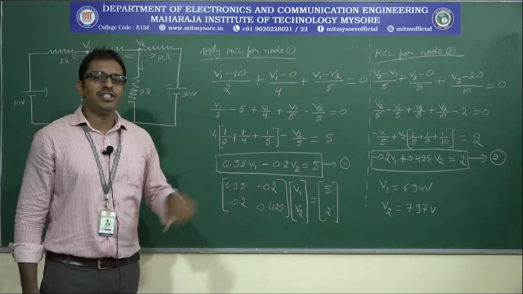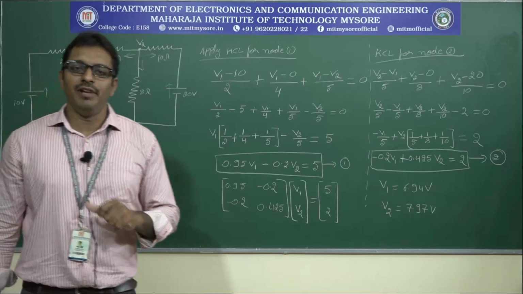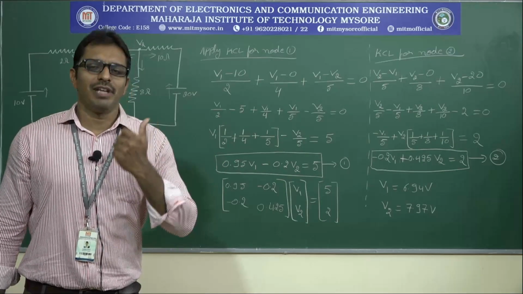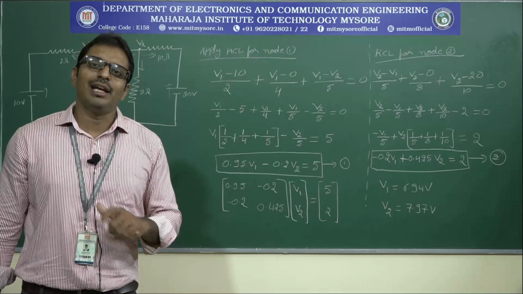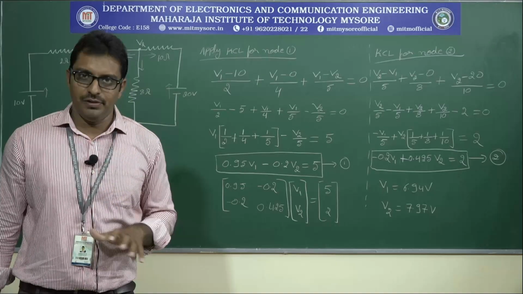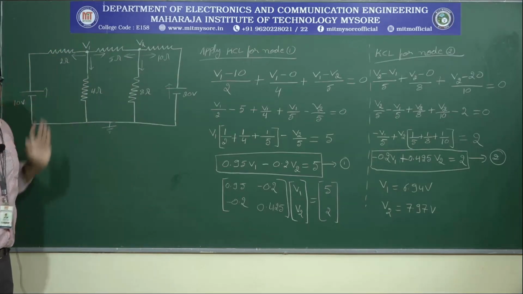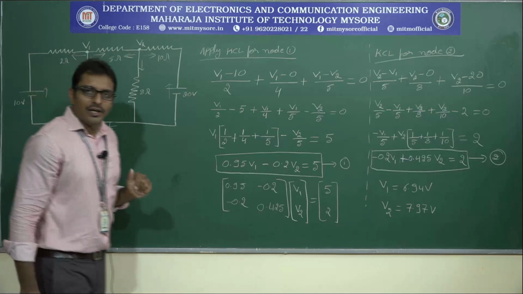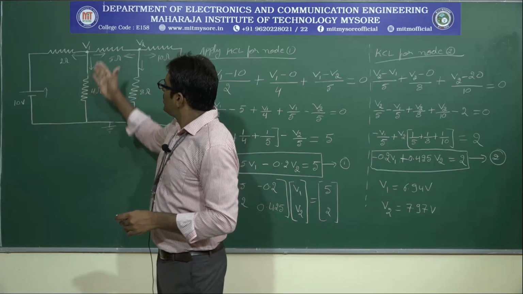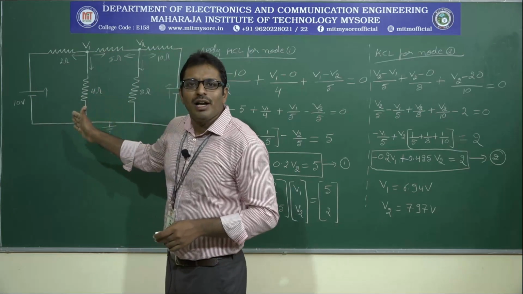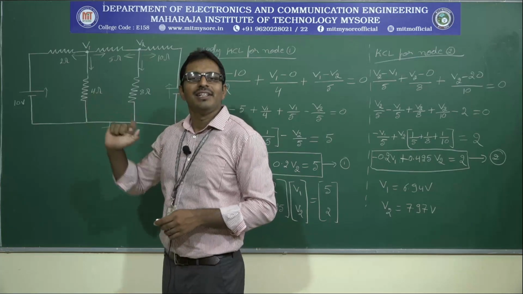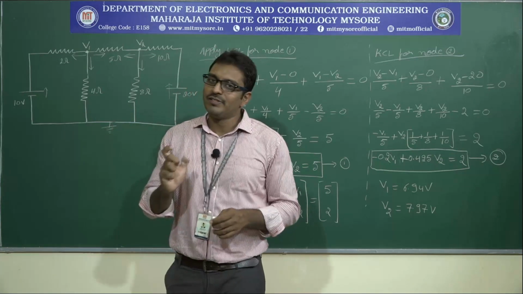Now, by knowing these two values, V1 and V2, what are the electrical parameters we can find out? See, first thing, if you want to find out the current through this 4 ohm resistor, what is the formula to find the current by Ohm's law? I is equal to V by R. What is V?